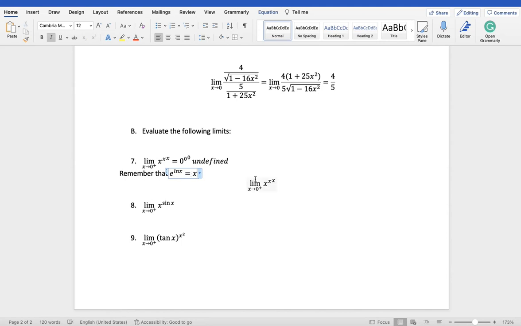Okay, so now if we apply this rule here, this identity, to our problem, what we get is the limit of now e to the exponent of ln of x to the x to the x, right? Which is equal to, do you guys understand this?